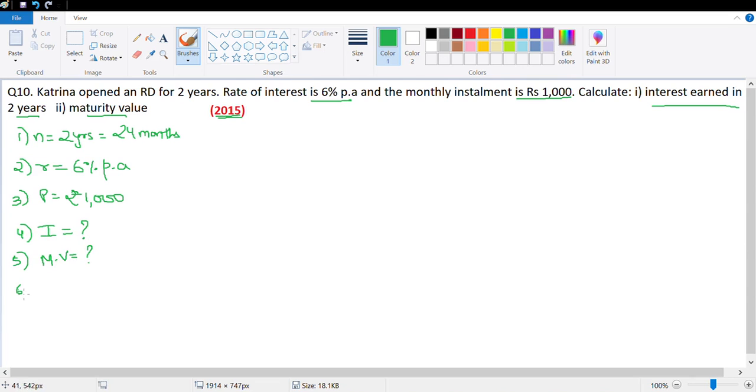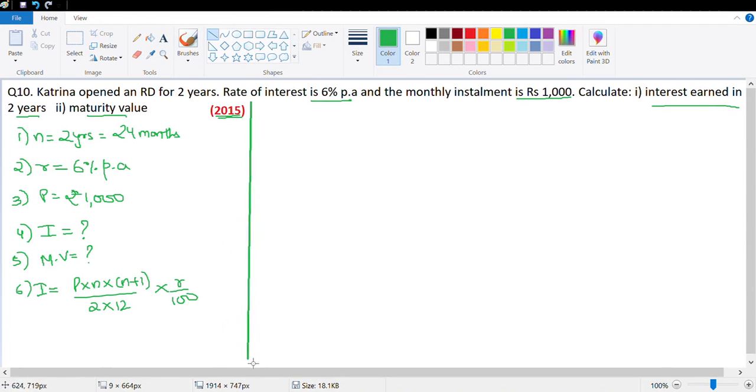So we know interest is equal to P into N plus 1 upon 2 into 12 into R upon 100. That's the value of interest earned using the recurring deposit formula. Let's substitute values.